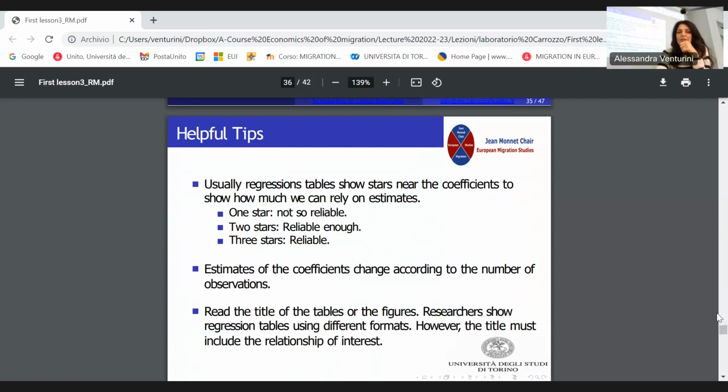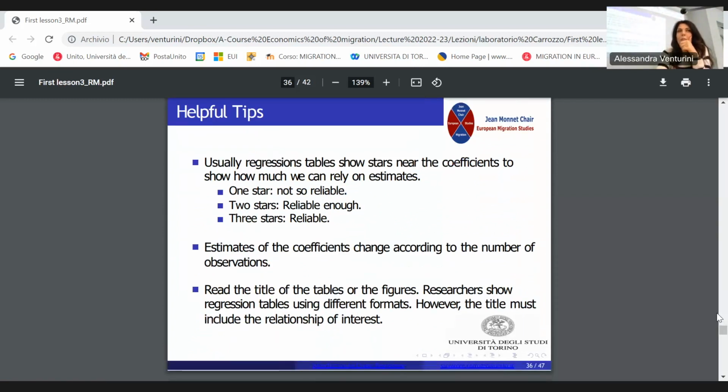The estimate of the coefficient changes according to the number of observations. In general, the larger the sample, the better it is for your analysis, because if the sample is very large, even the outliers disappear.